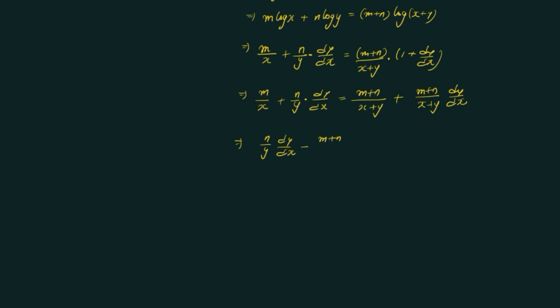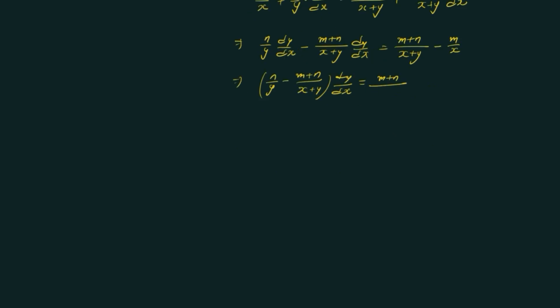So m plus n by x plus y dy by dx equals to m plus n by x plus y minus m by x. Taking out dy by dx common, it will be n by y minus m plus n by x plus y, dy by dx equals to m plus n by x plus y minus m by x.